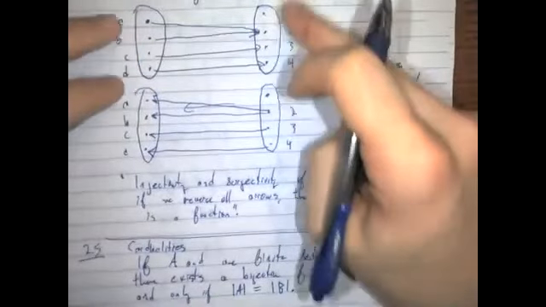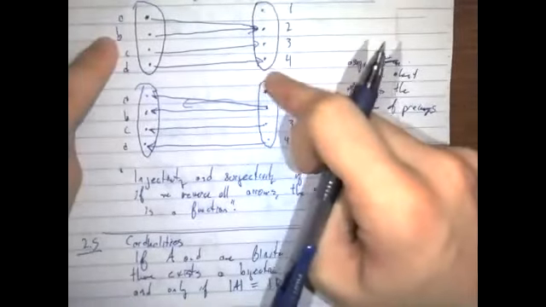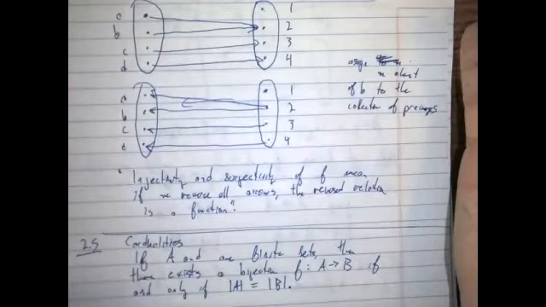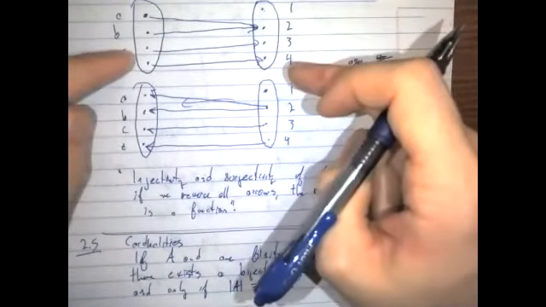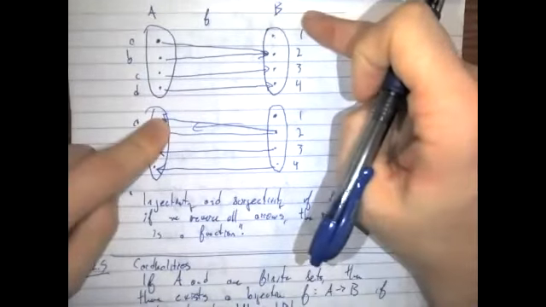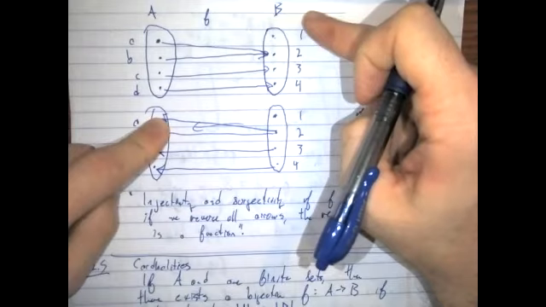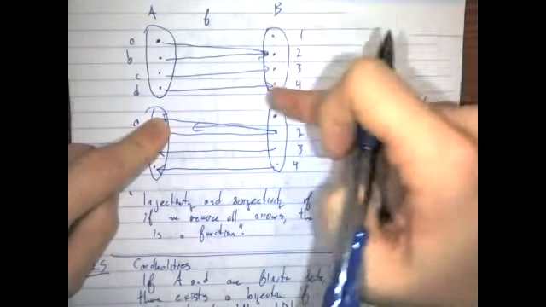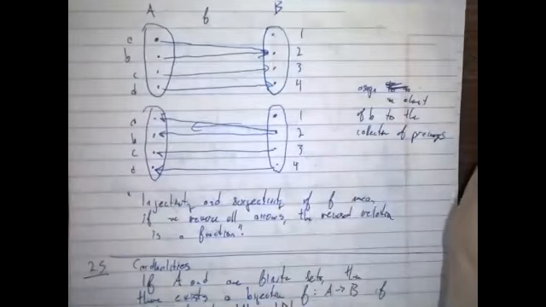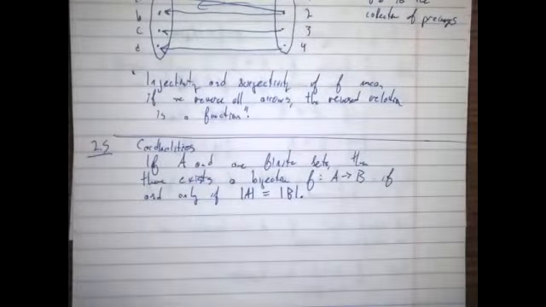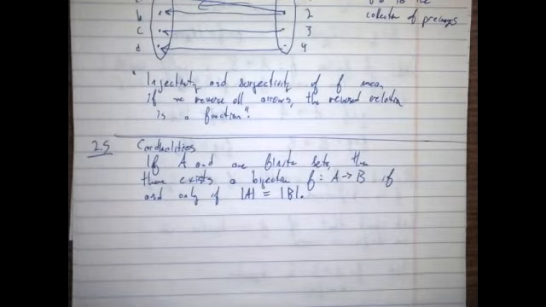If I want to set up a bijection between two sets, those sets had better be the same size. If those sets are different sizes, like say if B is larger, then there's no chance of having a surjective function. And if B is smaller, then there's no chance of having an injective function, right? Do we agree?